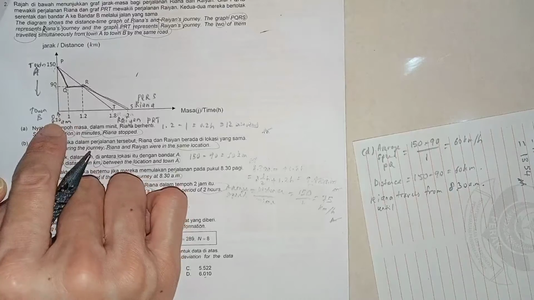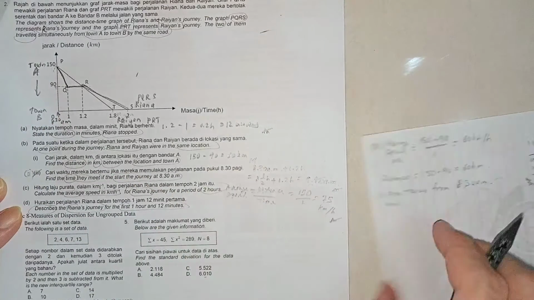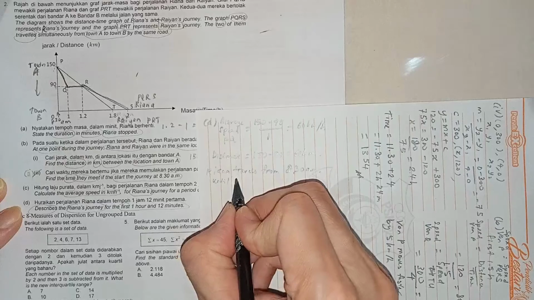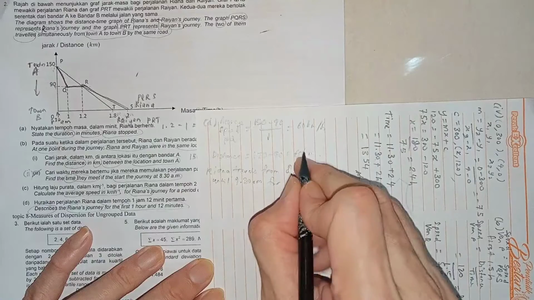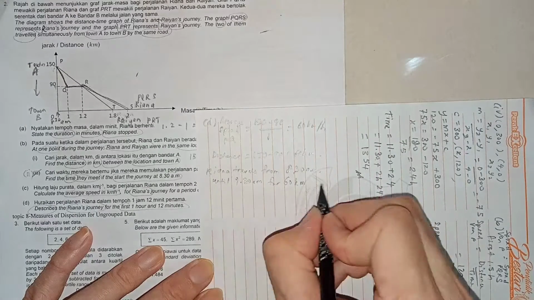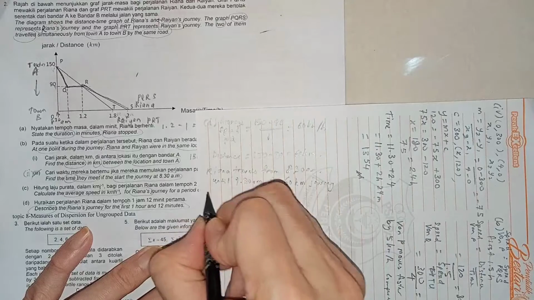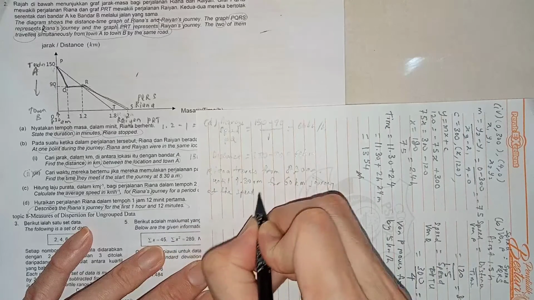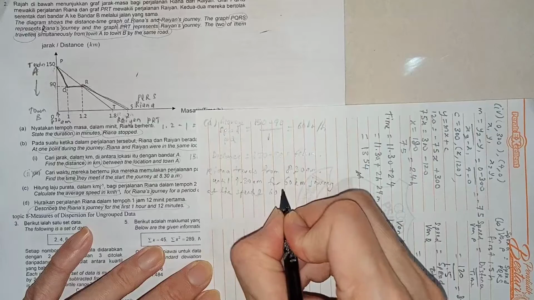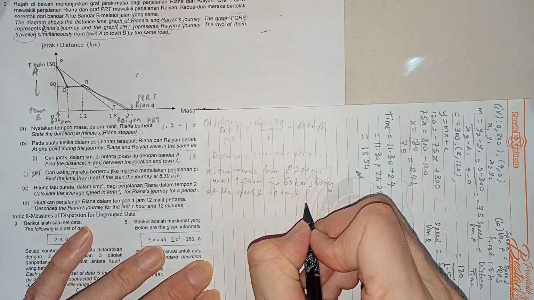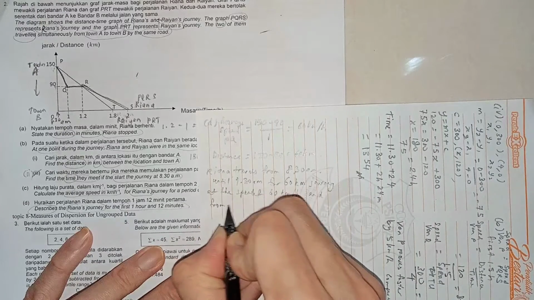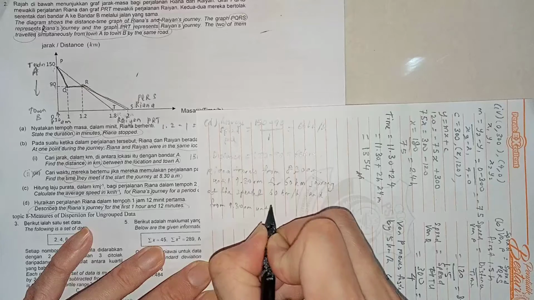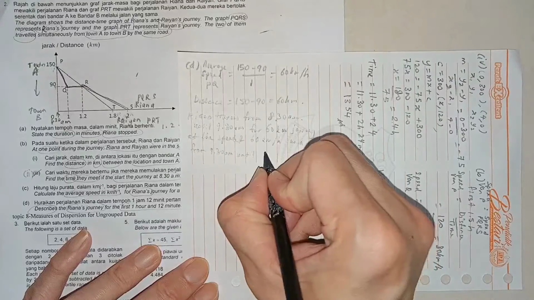Because I travel from here to here, 8:30, 1 hour, 9:30. So until 9:30 a.m. for 60 km journey at the speed of 60 km per hour. And from 9:30 a.m. until 9:42 a.m.